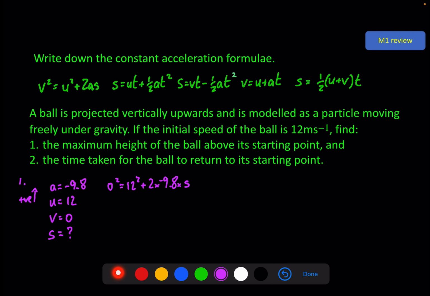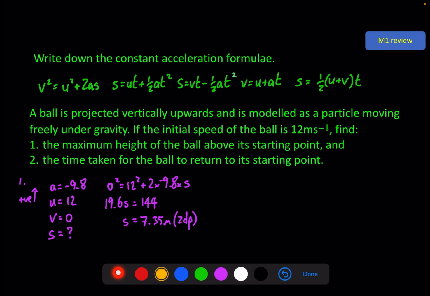If I take that second term on the left-hand side, that gives me 19.6 s is equal to 144. Divide through, and we get s is equal to 7.35, rounded to 2 decimal places. We're using standard units throughout, so this is meters.